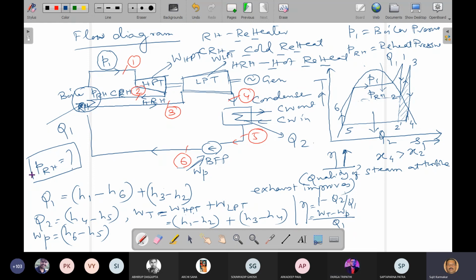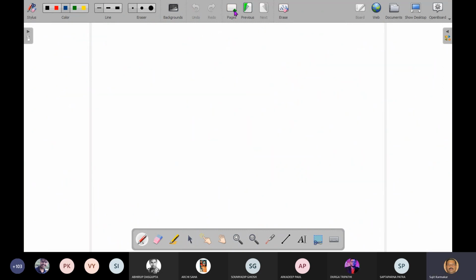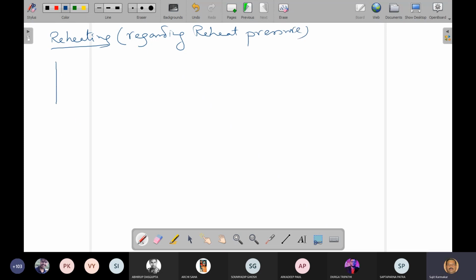Shall I move to the next slide? Now, in the reheating, there are three possibilities. I will discuss the reheat pressure. What are the possibilities?